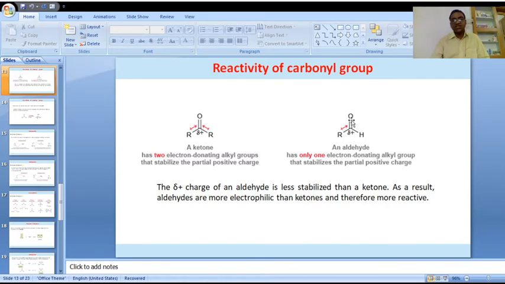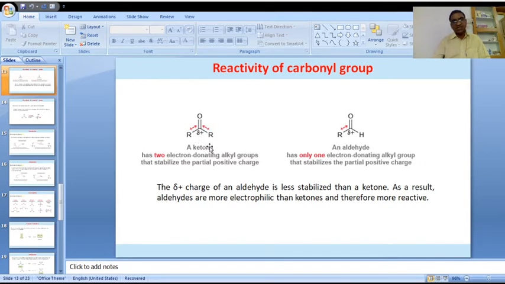So it is a less stable compound. It undergoes reactions very fast because the aldehyde is more reactive when compared with the ketone. Is it clear?